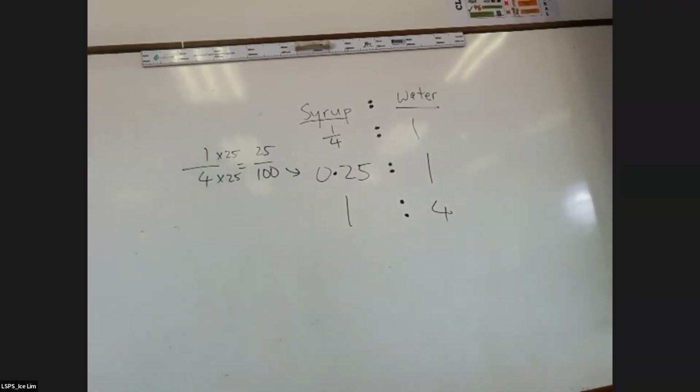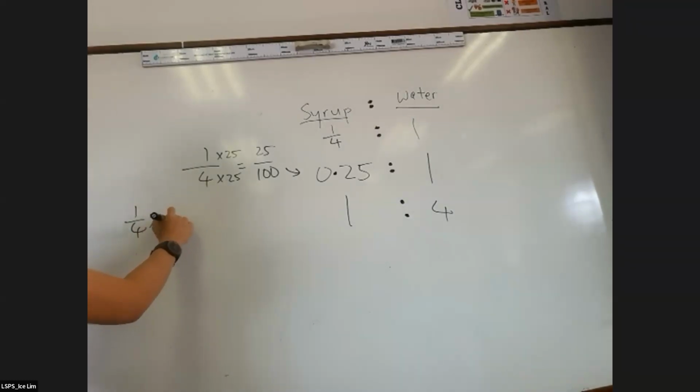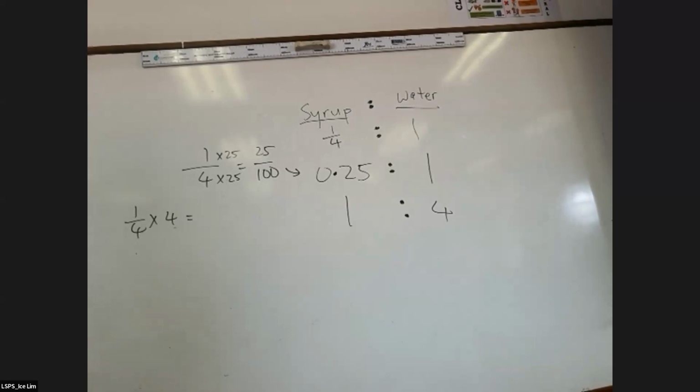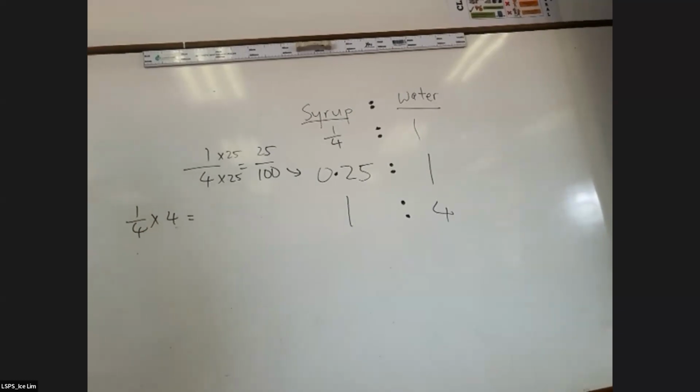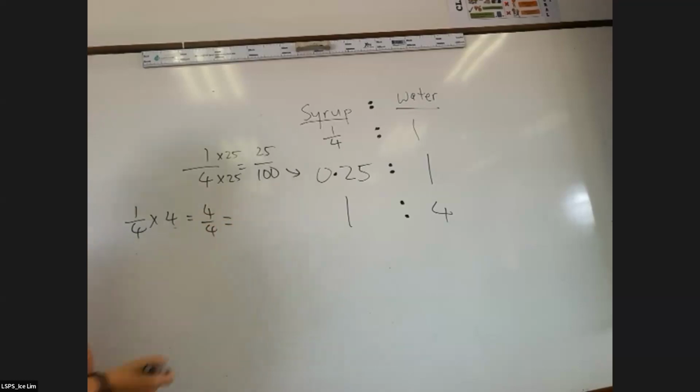Is it the same? Are these three the same? Actually, they are the same. What's 1/4 times 4? 1/4 times 4 is 1.